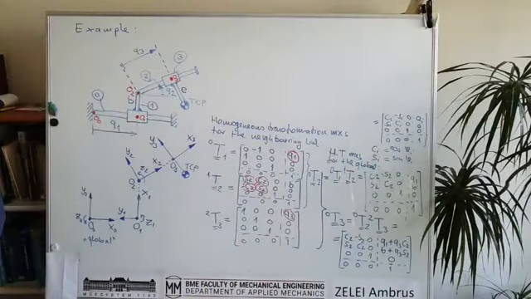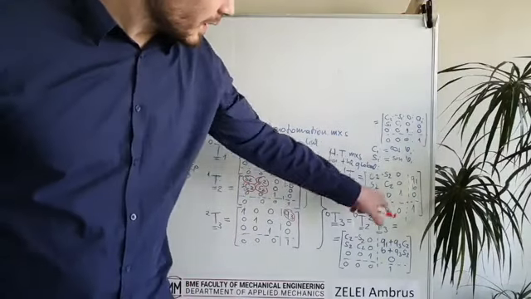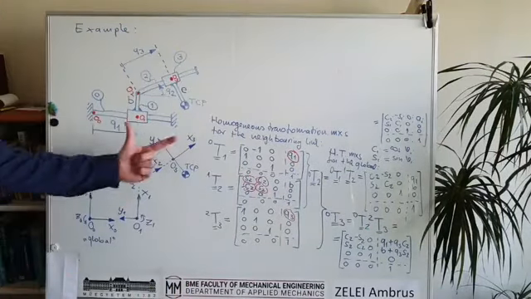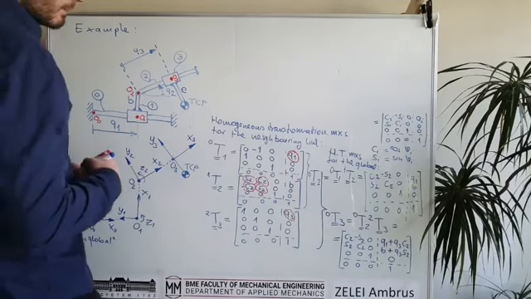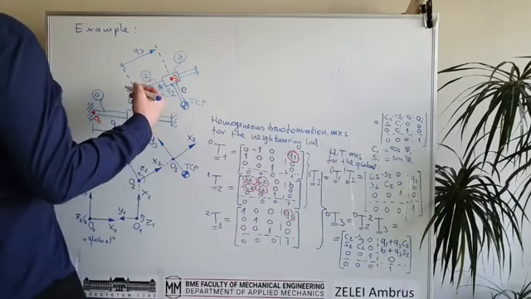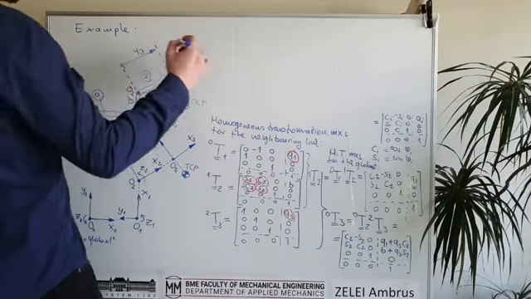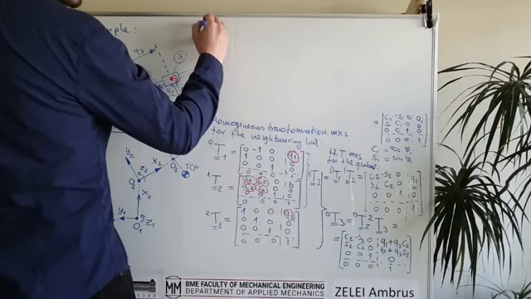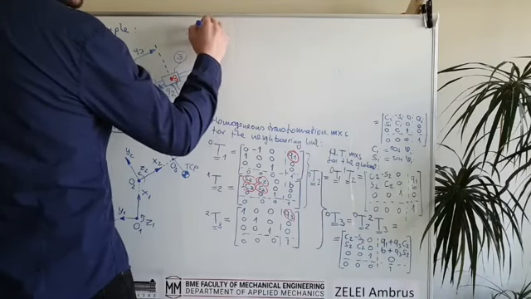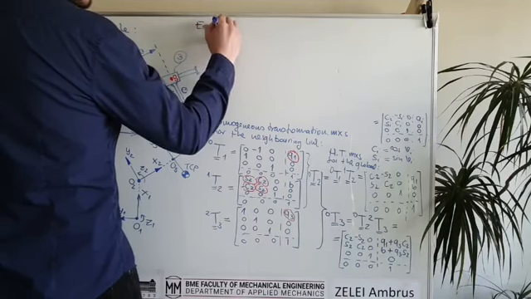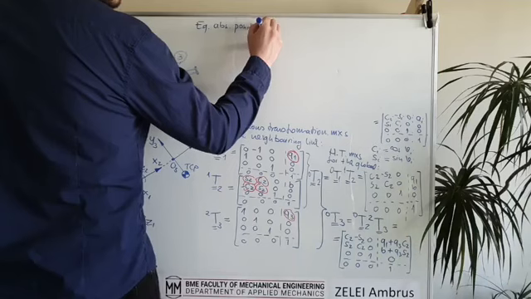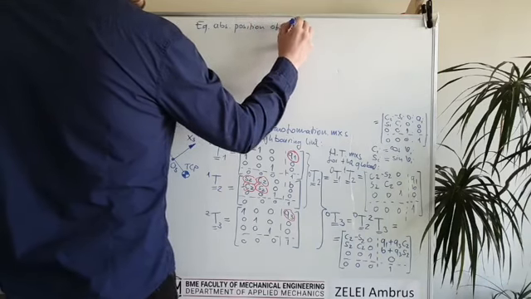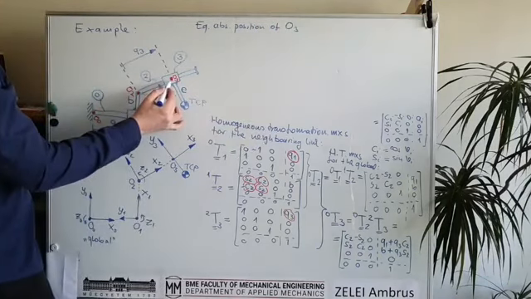Okay, so these are the homogeneous transformation matrices which transform directly to the global one. And then, how to use these matrices? We can, for example, calculate the absolute position of the third, which will be quite trivial.